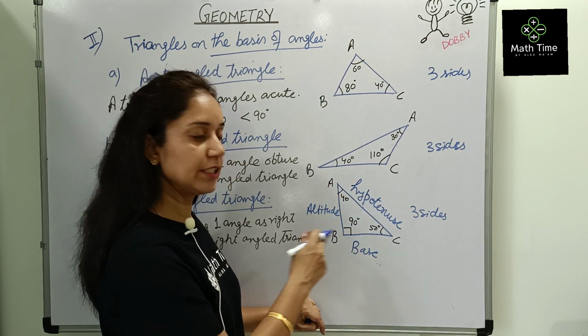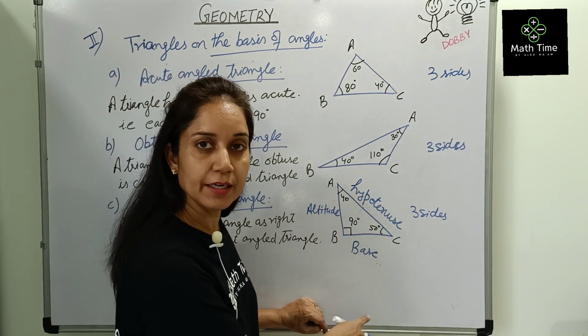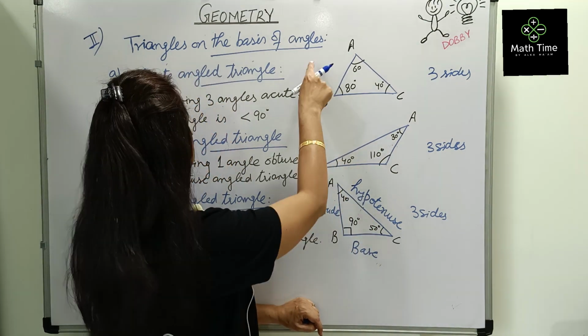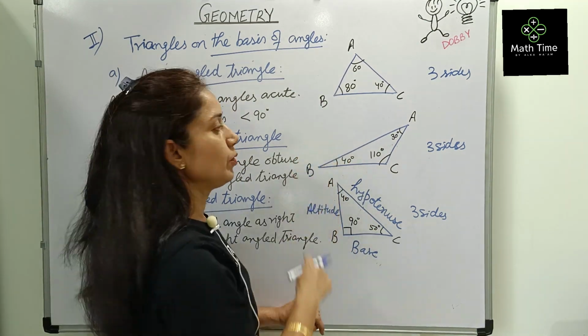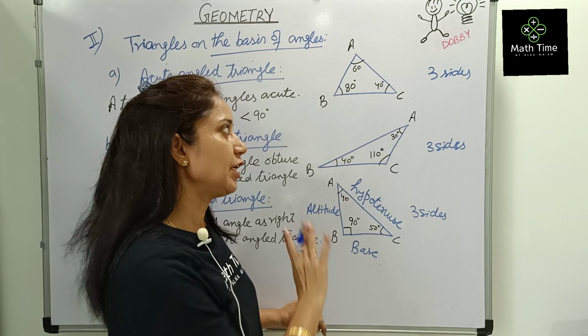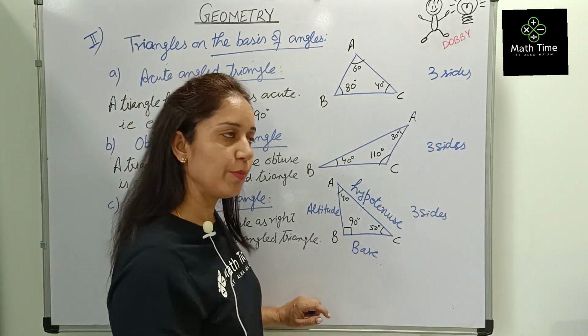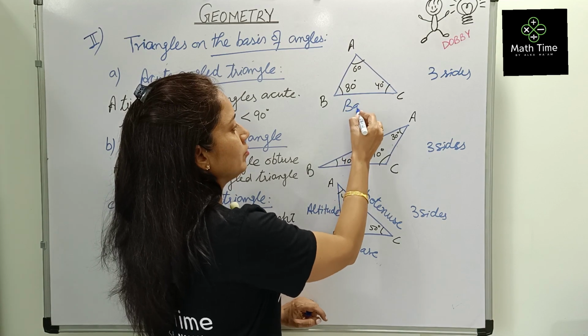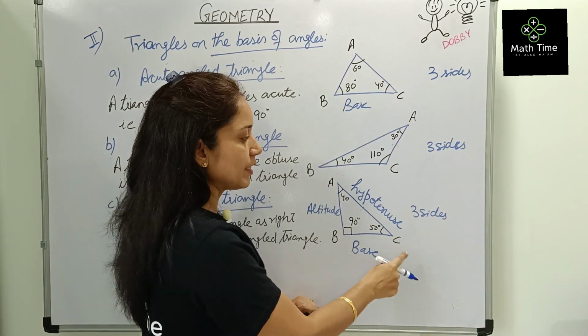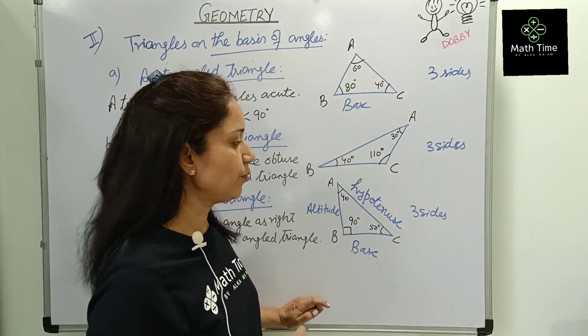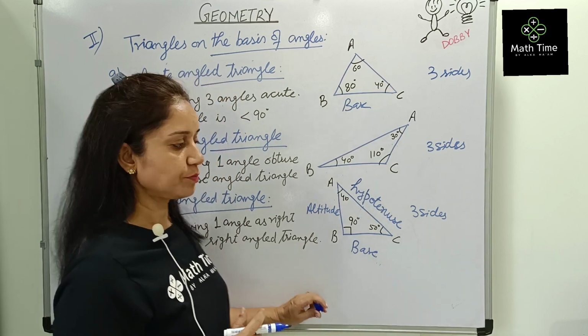So these are the specific names in the right angle triangle. In an acute angle triangle and obtuse angle triangle, there are no specific names. They are sides only. Every time you can call BC the base. This is the baseline, but the slant line has a special name, hypotenuse.